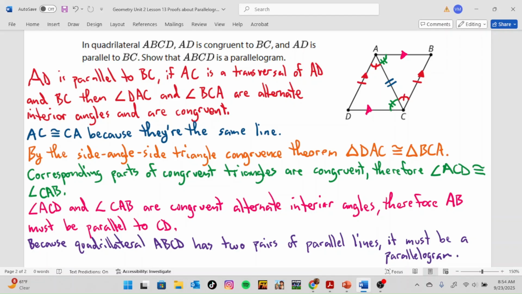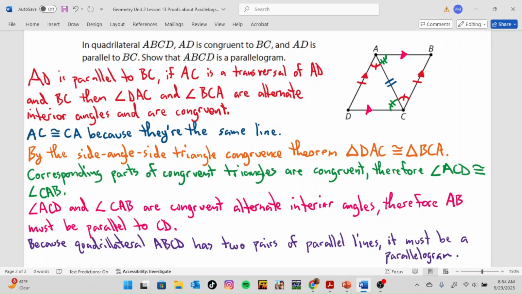And I keep doing these statements until I prove what I wanted. So just to review, we knew that the left side and the right side were congruent and parallel because they told us.